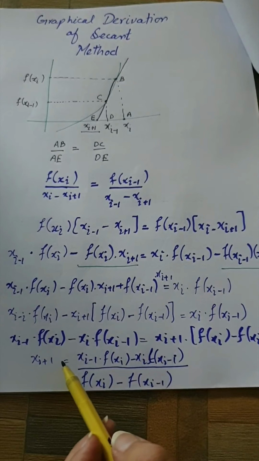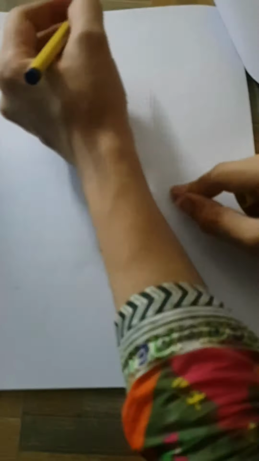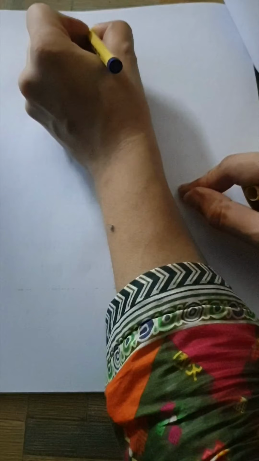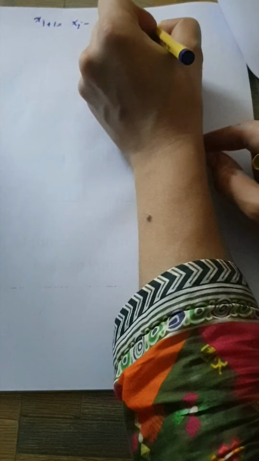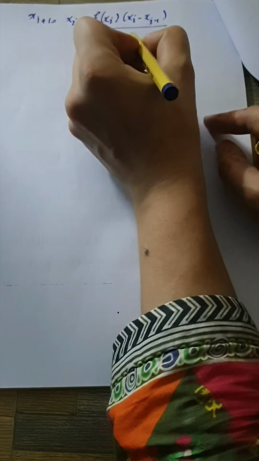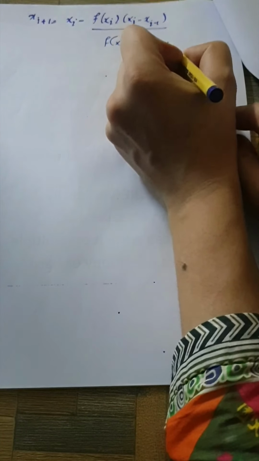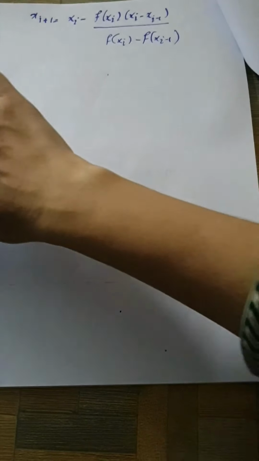On further simplification, you can easily get the expression x of i plus 1 is equal to x of i minus f of x of i into x of i minus x of i minus 1, divided by f of x of i minus f of x of i minus 1. So this was the other approach for applying the secant method.